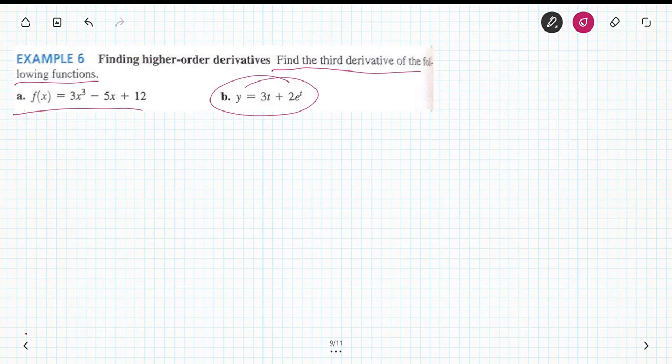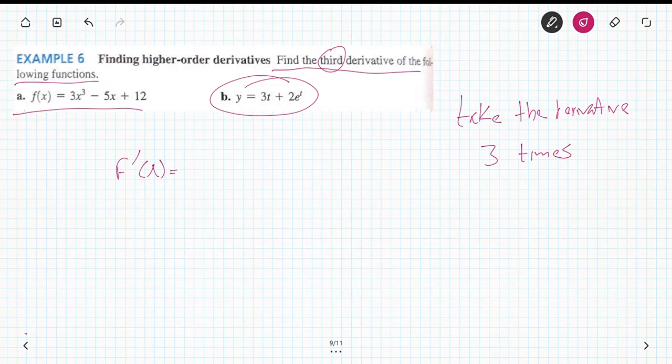So we need to find the third derivative, which means we need to take the derivative 3 times. What's going to be my first derivative? f prime of x is going to be, leaving out the constant outside, times 3x squared, minus 5 times 1x to the 0.